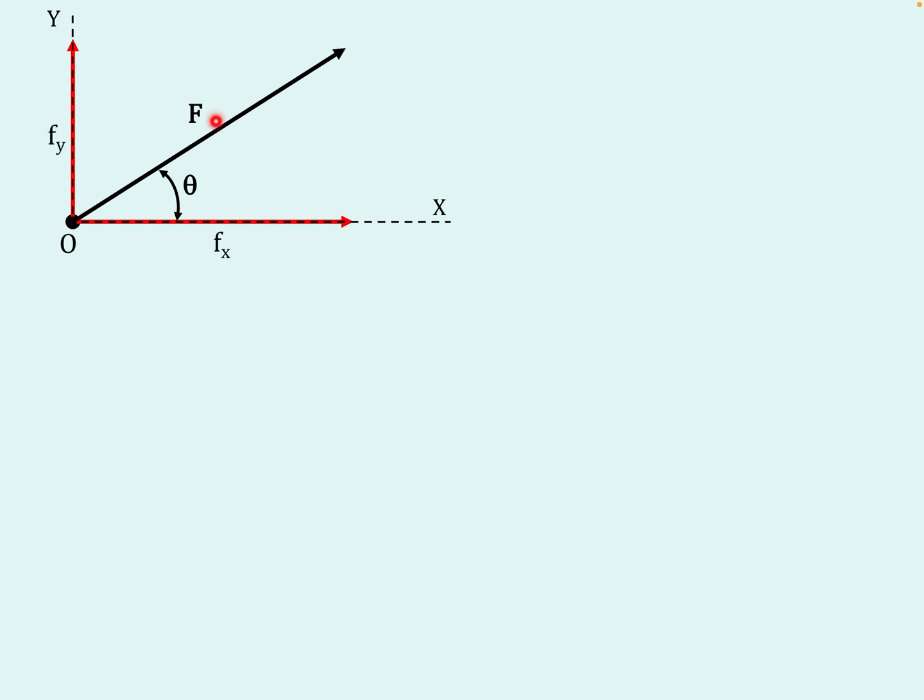That means I am resolving this given force into only two component forces, Fx and Fy, which are acting in standard directions, the x direction and the y direction. The component force along the x direction is called Fx, and the component force along the y direction is called Fy. Since I know the F value and the theta value, it is easy to get the values of Fx and Fy. I can do that using some trigonometry concepts.